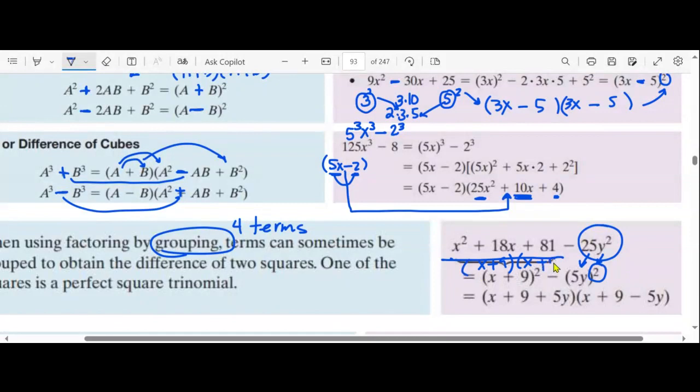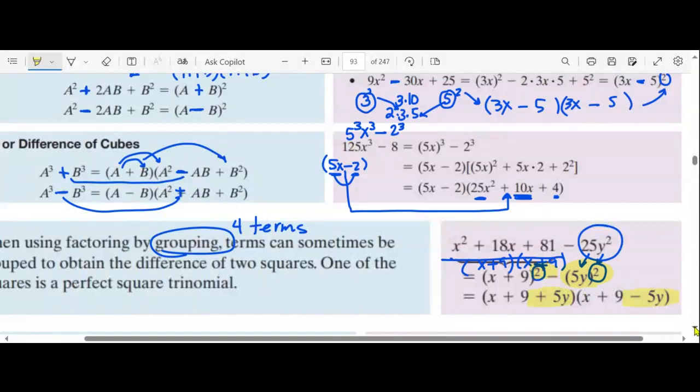If you have the same factor twice, what do you do? Square. Okay? And then he distributed the 5y one time on the left side and one time on the right side. That's it. Is this clear?